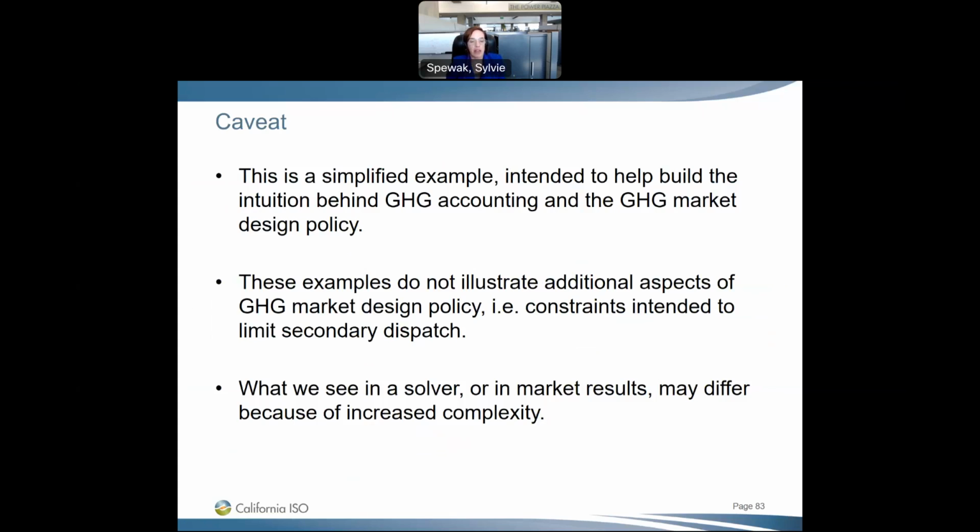What we see in a solver or in market results may look different, because in either case you're going to have a lot more complexity than what you see in these 4 examples. But again, the purpose of walking through these is to give you a foundation of knowledge to draw from when looking at more complex examples or market results.